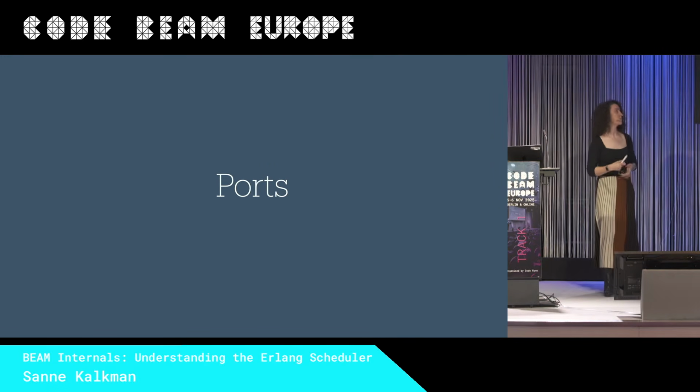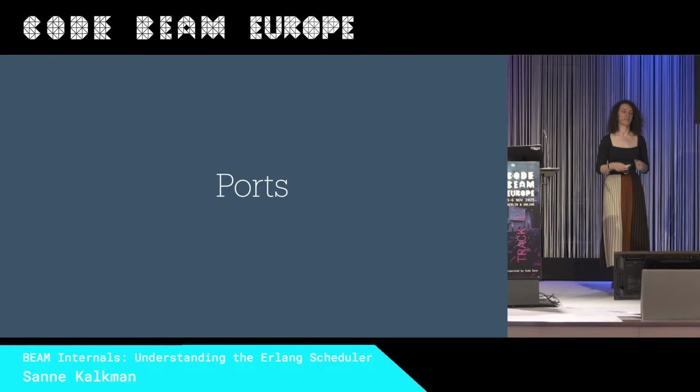So we communicate with the outside world via ports, and ports also get a turn before the next process gets picked. And ports also get 4,000 reductions, but since we're not neatly in Erlang world here, we don't really have reductions, so instead, each task counts as a certain number of reductions.